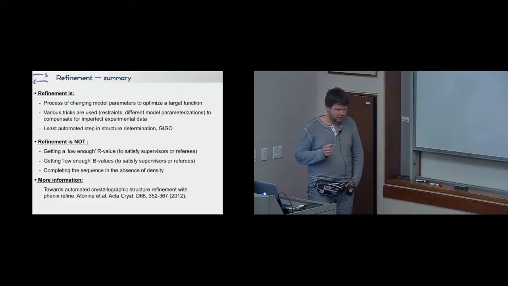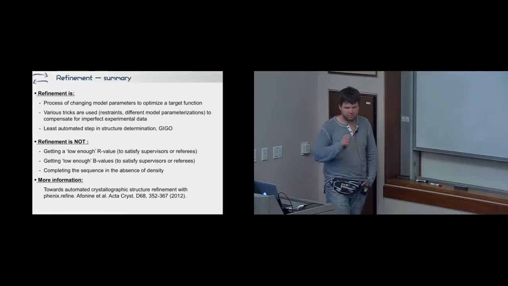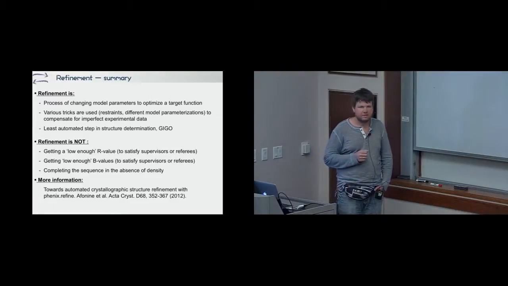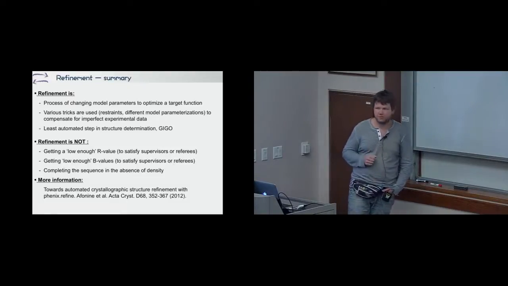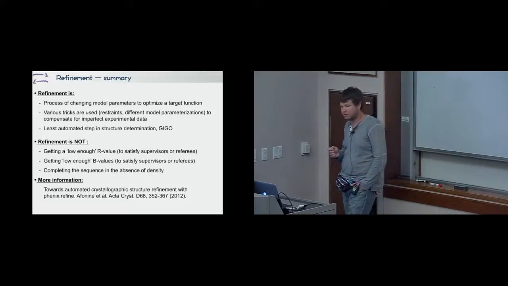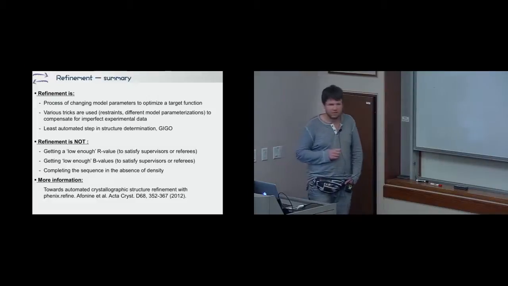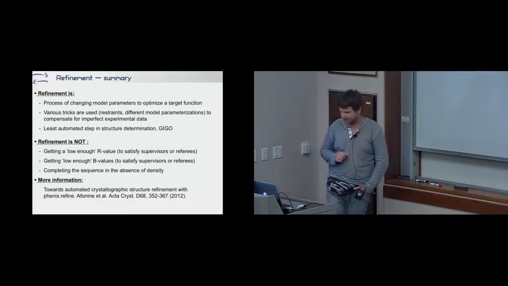Also, it's good to mention that refinement is one of the least automated steps in the full structure determination process, meaning that researchers need to make conscious decisions about certain things when they run refinement. That's why we have these workshops, so you learn what to do in different situations. And typically, garbage in, garbage out applies very well to refinement.